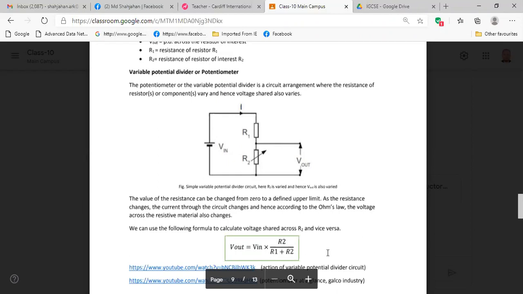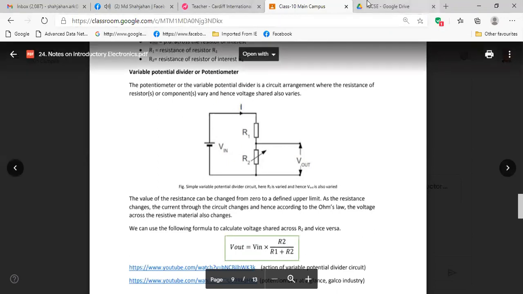Okay, now I'm giving you one example. You have to do the working for my example. For example, here V, the voltage, is 8 volt.